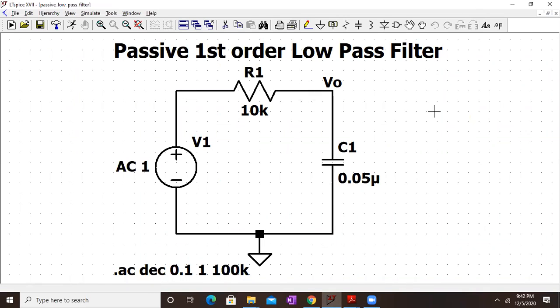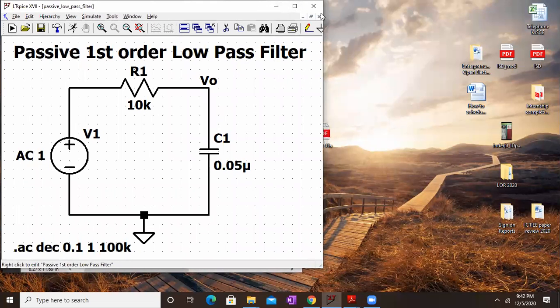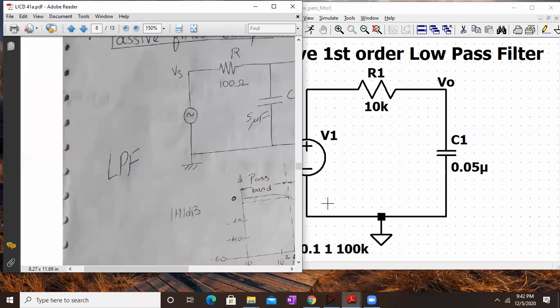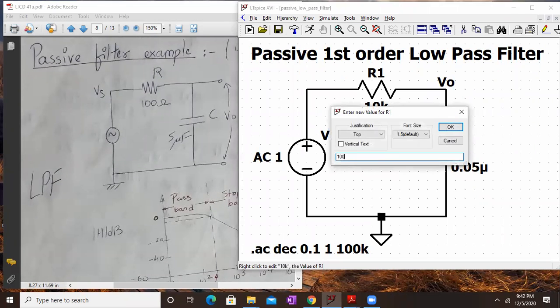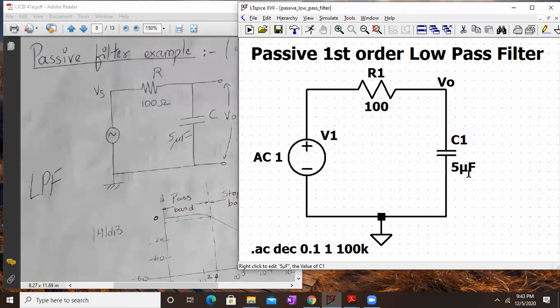We have taken a different value for R1, not a problem. We can take a similar value to this. R1 was supposed to be 100 ohms and C was supposed to be 5 microfarad, and we have applied AC of 1. Let's check the frequency response.